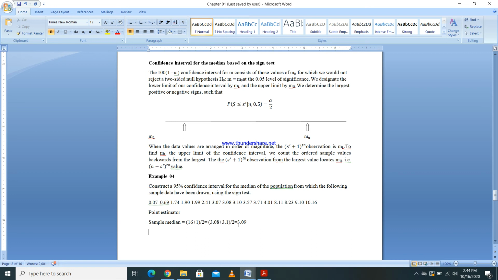In this case, the closest integers are 3 and 4. So we check the probability that our test statistic capital S is less than or equal to 3, given that S has a binomial distribution. In our sample we have 16 observations and the probability of success is 0.5. We are going to find this value using the binomial table.